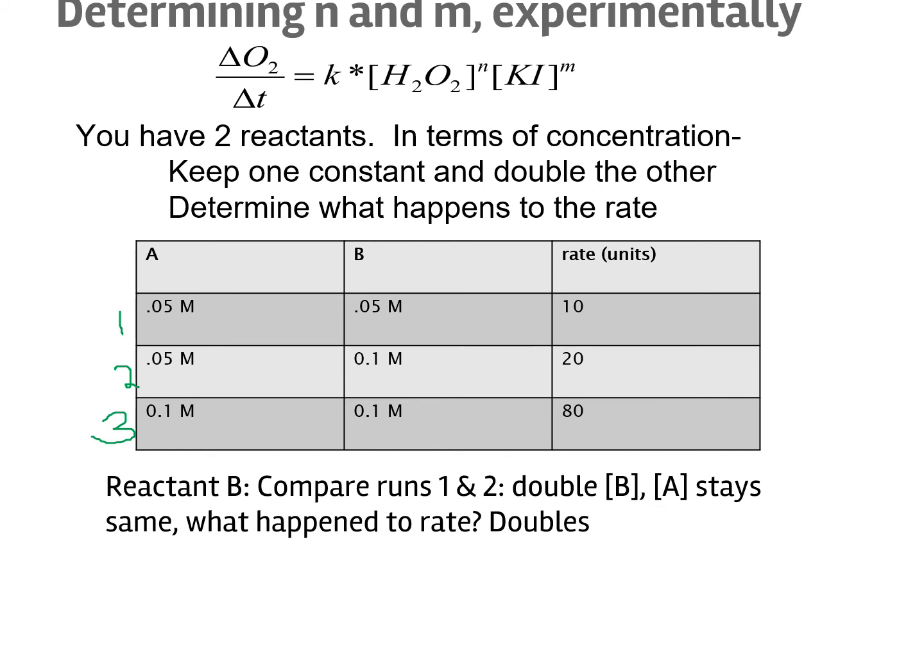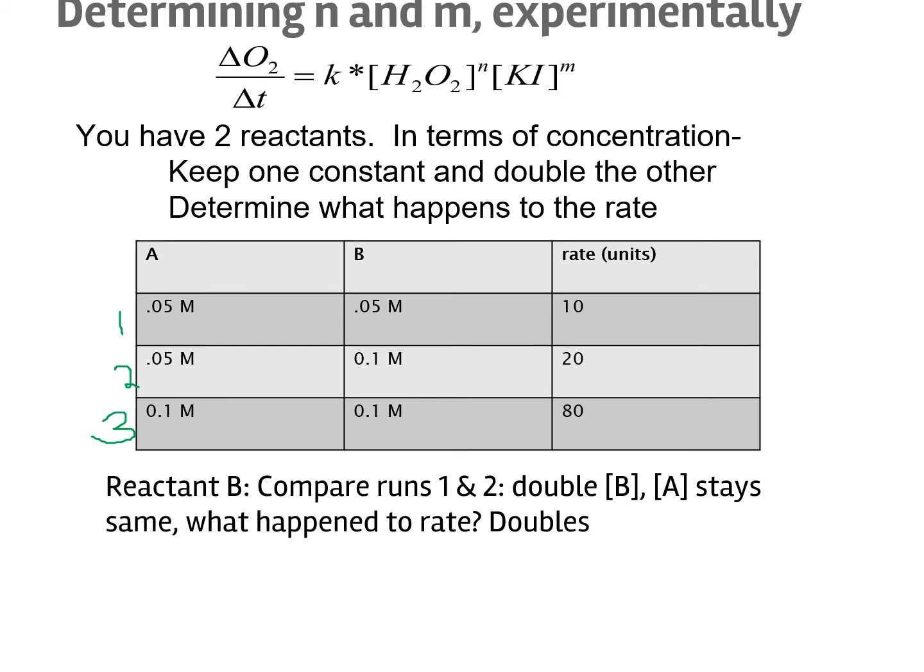So if you want to determine the values of N and M, you have to look at the variation between the concentrations of my reactants and how that affects the rate of my reaction. So let's compare runs 1 and 2.